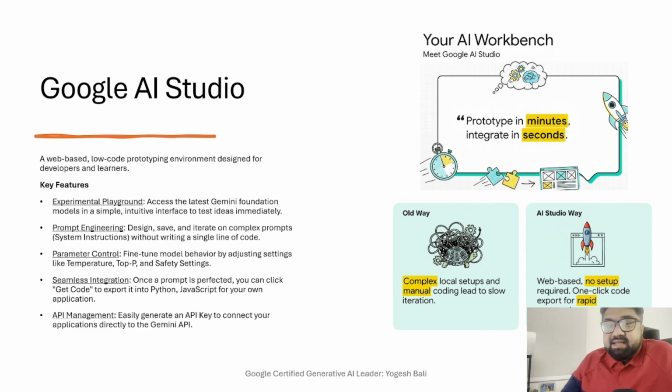I can easily integrate the Gemini API in my application using API management. I will just generate the Gemini API key and use it, and then call the Gemini APIs to make my application work. So an AI-powered application I can easily make in Google AI Studio.